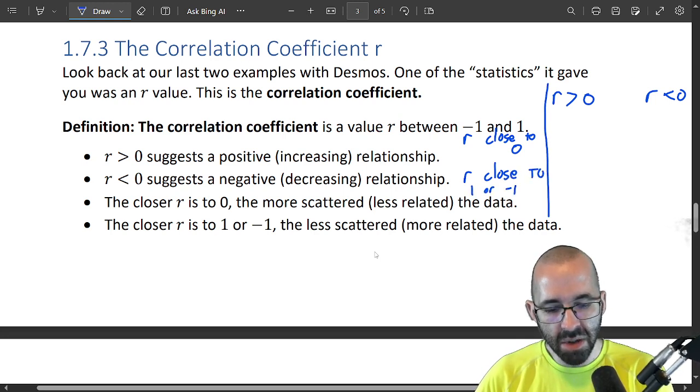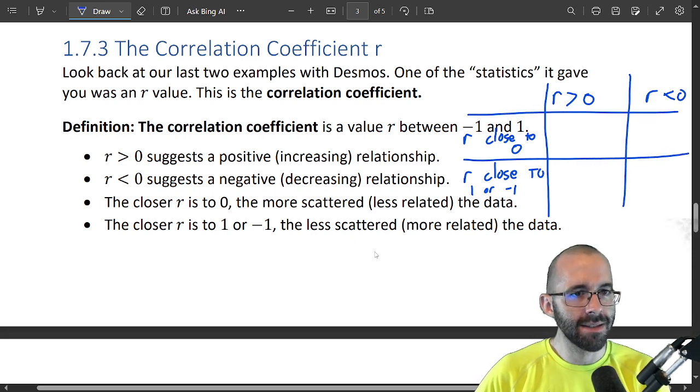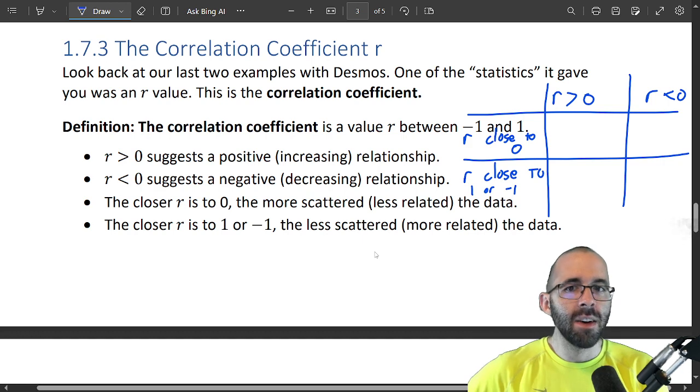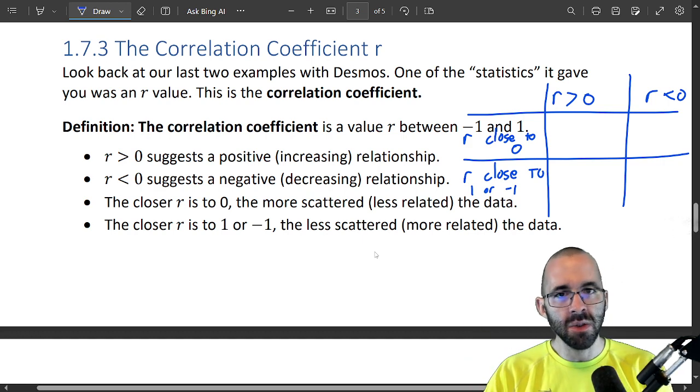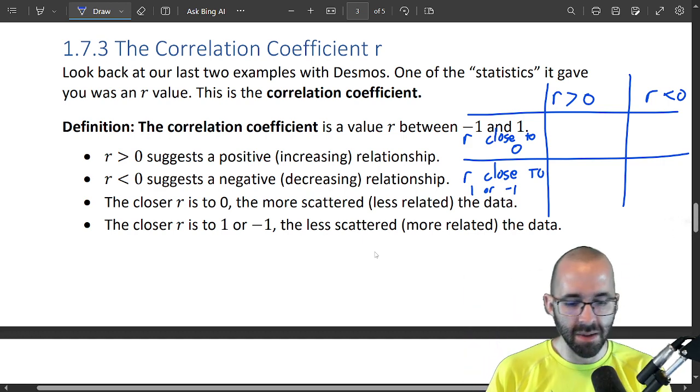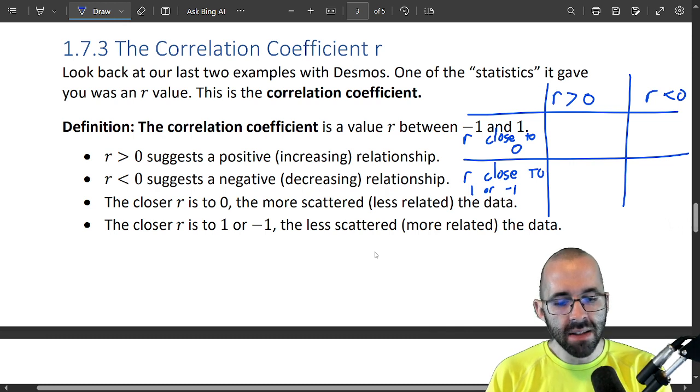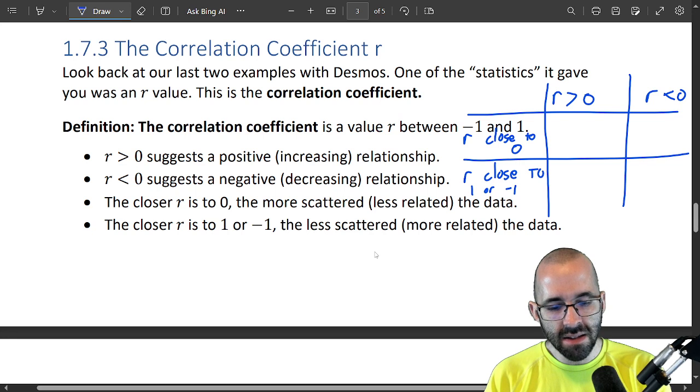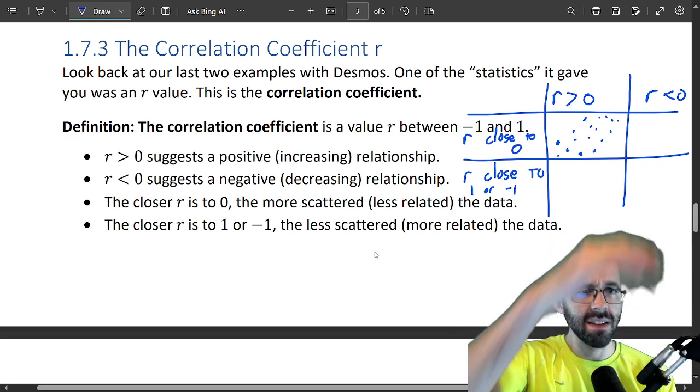I just want to give you a couple examples, because there are kind of 4 cases: positive and negative, close to 0 and far from 0. If R is positive and close to 0, then it's not very related, but there's a general positive relationship. This stuff's not really related, but it is kind of going up and to the right.